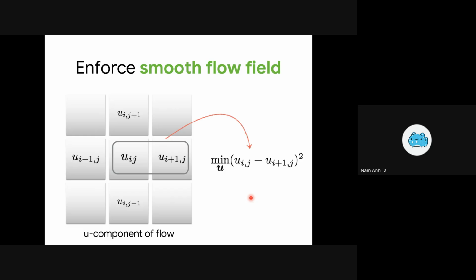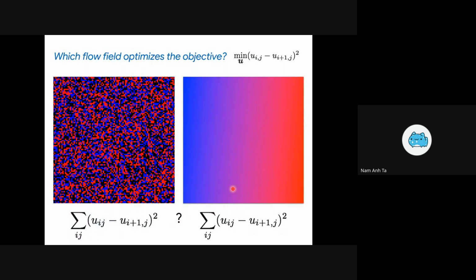So how can we mathematically represent the smoothness of an image? When we look at the variation between a pixel and its neighbors, we can check if there are changes in the gradients of the flow field. So we will consider which type of flow field minimizes our objective function.